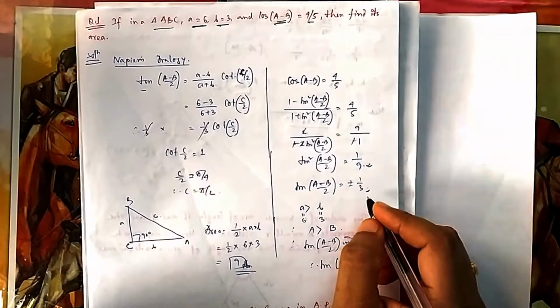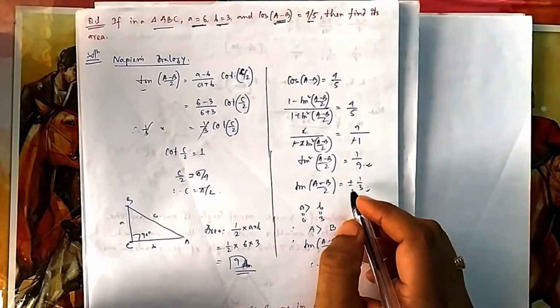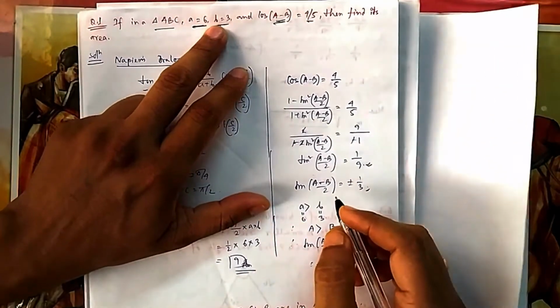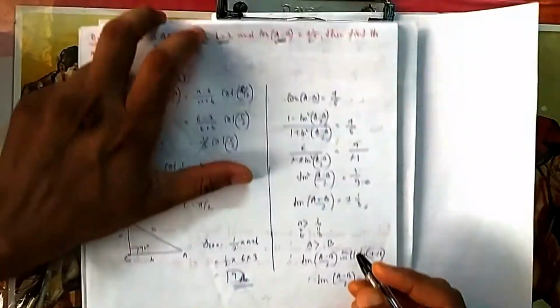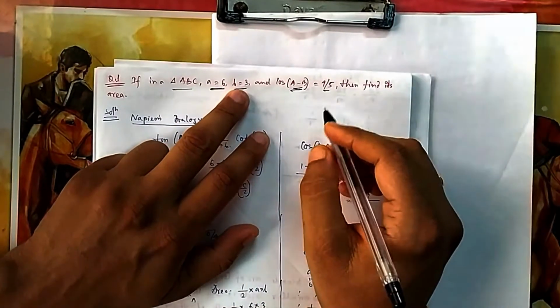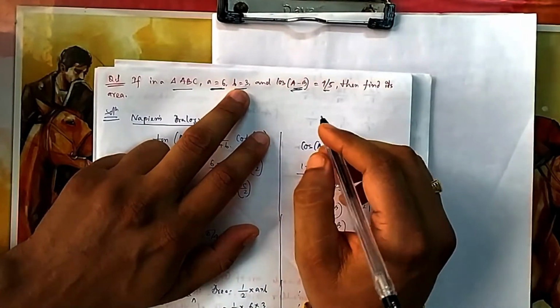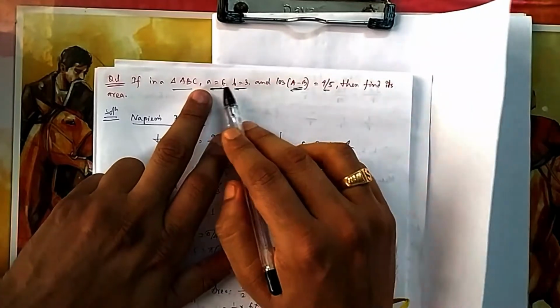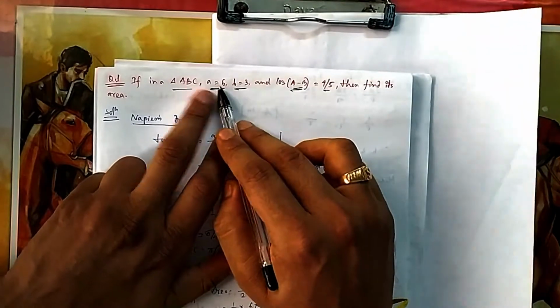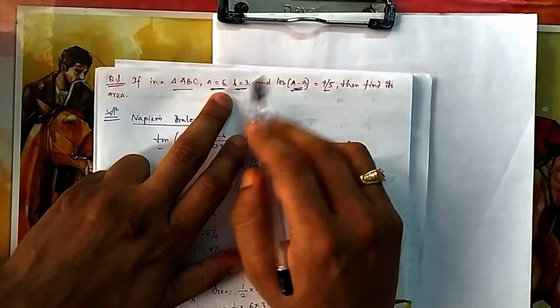Then which one should you take? Now you see, side a is greater and side b is smaller. The angle opposite to the greater side will be greater than the angle opposite to the smaller side. If side a is greater than side b, then angle A will also be greater than angle B, and vice versa.